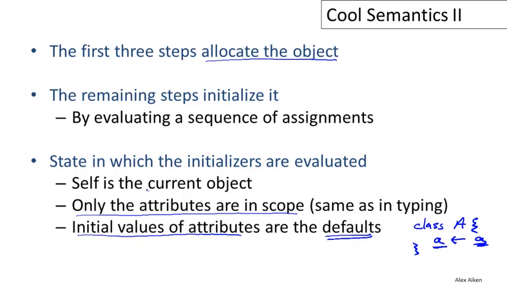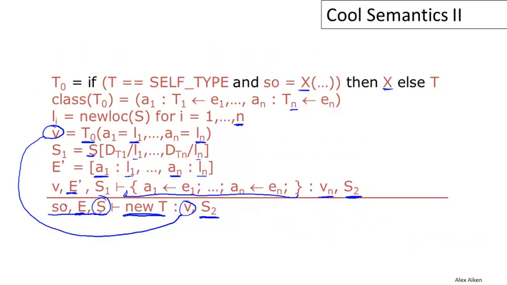All right, and the last point here is that in the initialization of an object, self is the object itself. And what do I mean by that? I forgot to mention this on the previous slide.